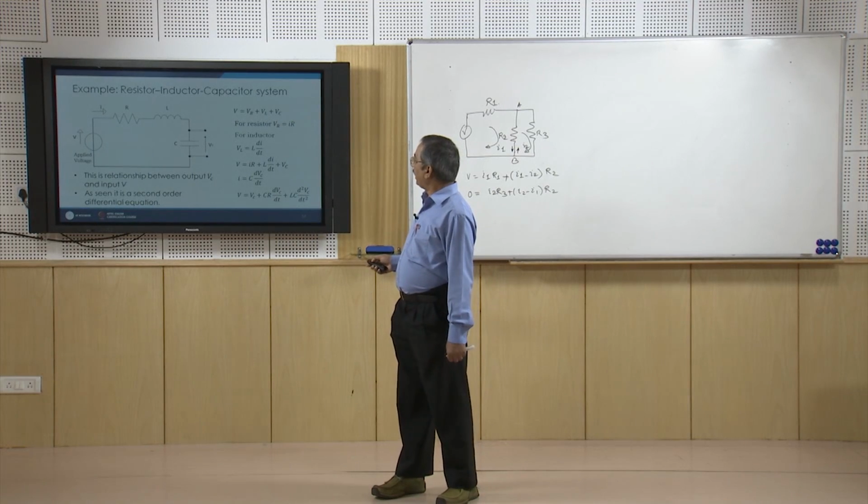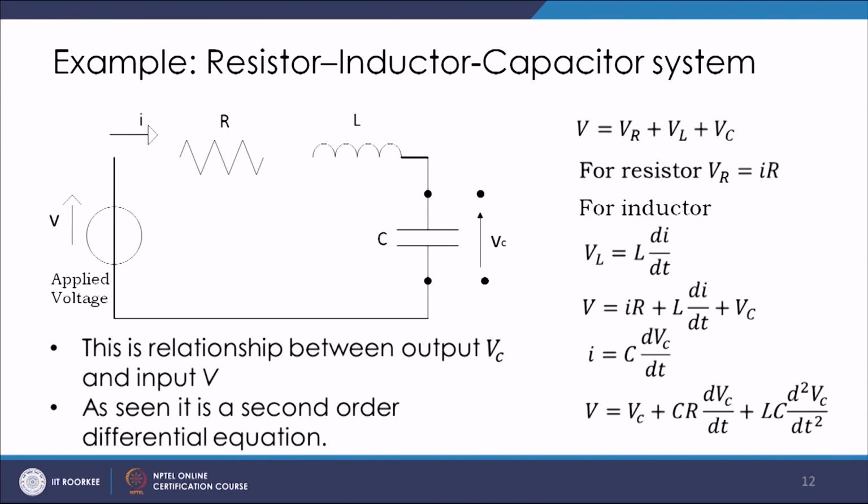Again here we have a voltage source, a resistor, an inductor and a capacitor all in series, and say my interest is to find out the voltage across the capacitor. So, the input here is the voltage source and the output here is the voltage across the capacitor.